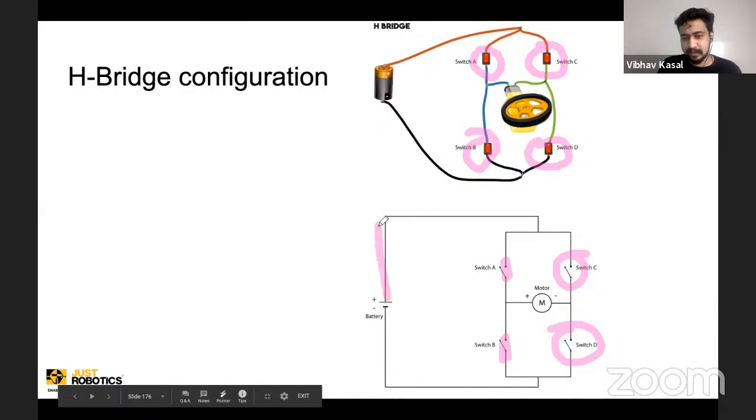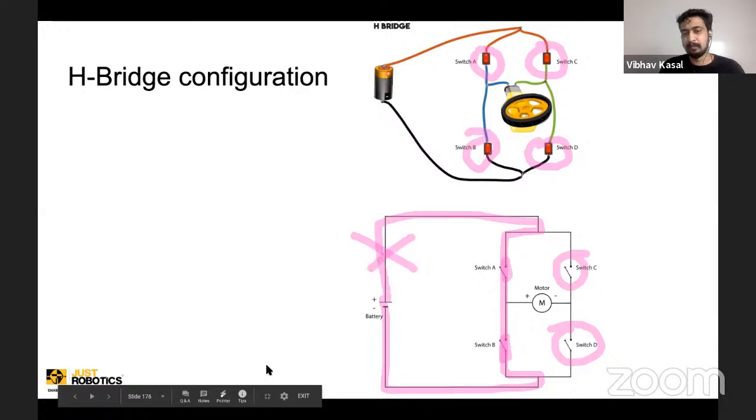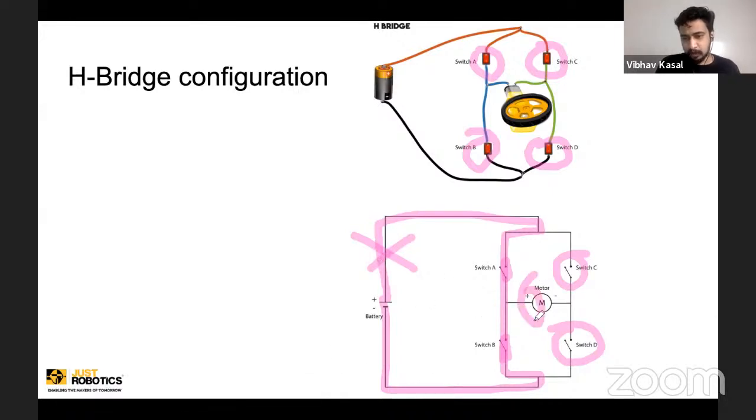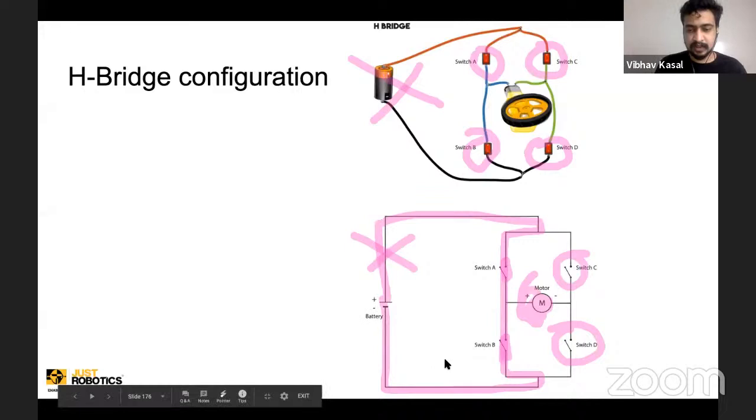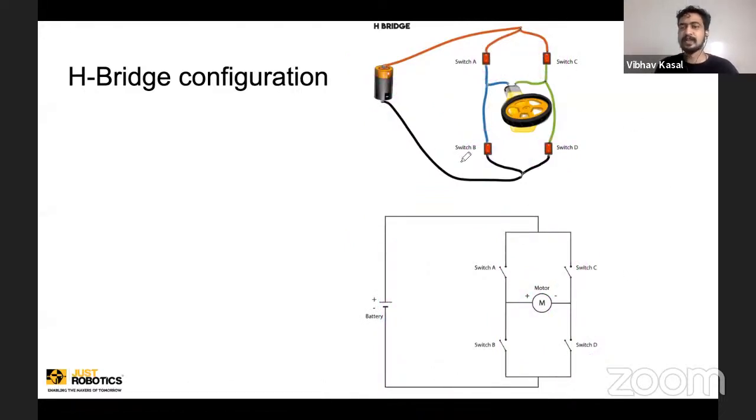So you can see there is a short circuit which doesn't flow through the motor, but goes directly to the battery. So the battery or the wire, something will break. So there is a short circuit, which means the motor will stop rotating and your wires get burnt and the battery goes boom. So this is where the problem is when you are having four physical switches.